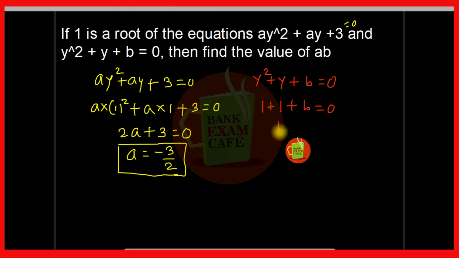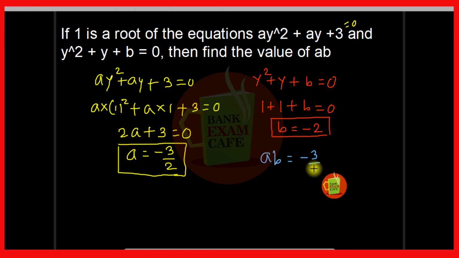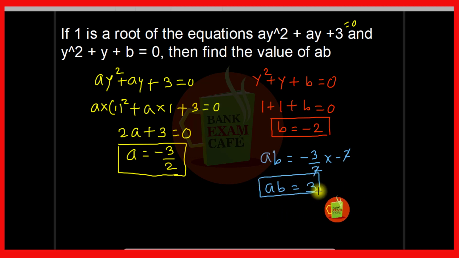If you take 2 to the other side, then you will get b is equal to minus 2. Now you have got the value of b as minus 2 and a as minus 3 by 2, and therefore the product AB is equal to minus 3 by 2 multiplied by minus 2. So this 2 and 2 will get cancelled, and you will get AB equal to minus 3 into minus 1, that is plus 3. So AB is equal to 3.